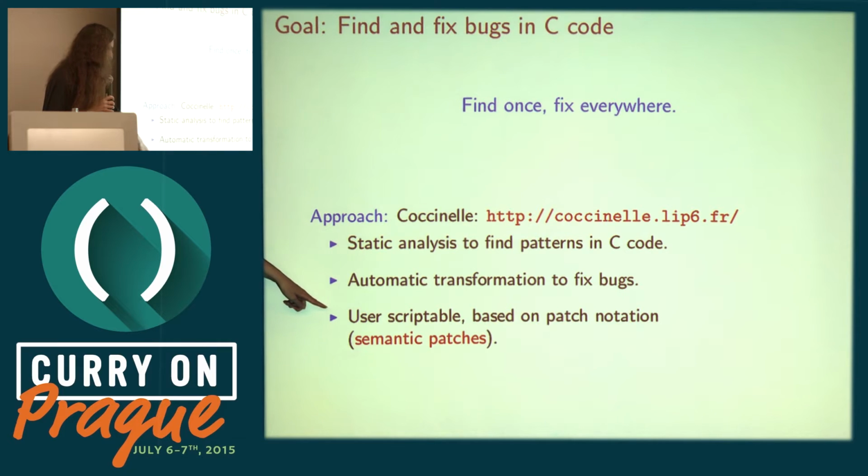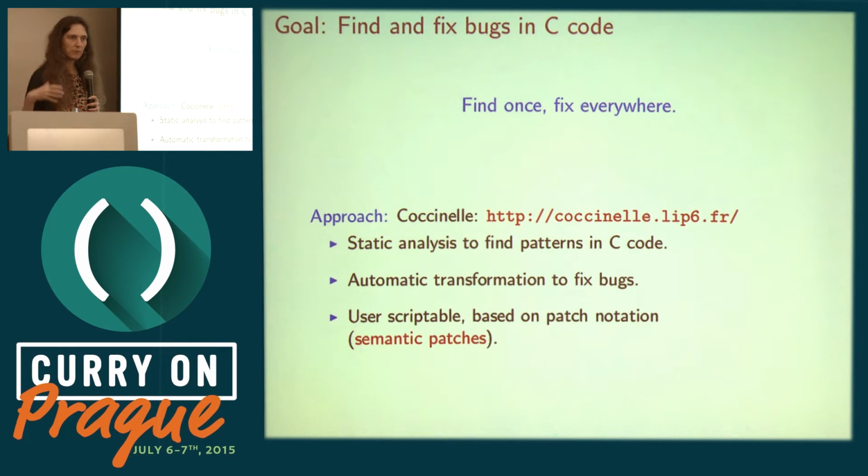And I think the main important contribution of this work is that it's user scriptable based on the patch notation. So we want a very easy, low threshold to start using the tool. We want people to be able to express patterns in terms of what they're familiar with, which is the C code itself. And we saw the patch notation before where you remove some things and you add some other things.